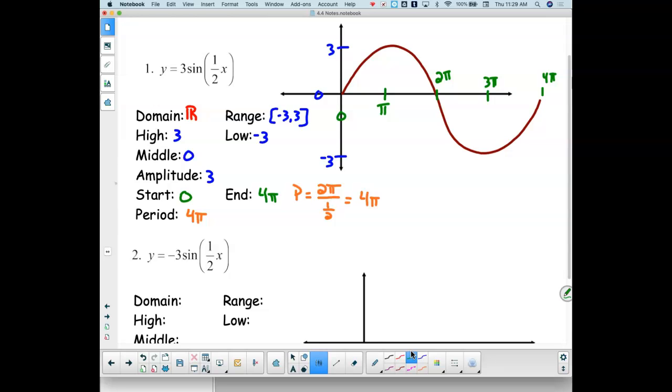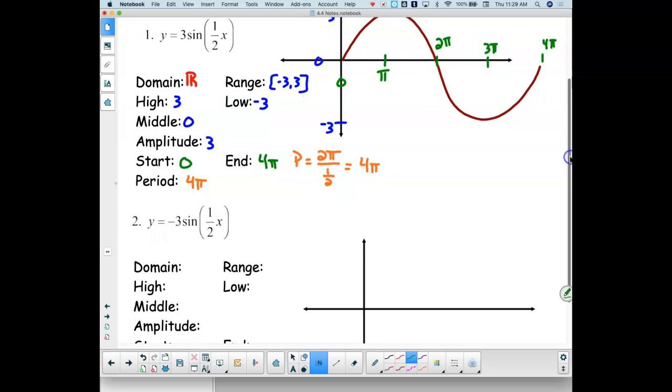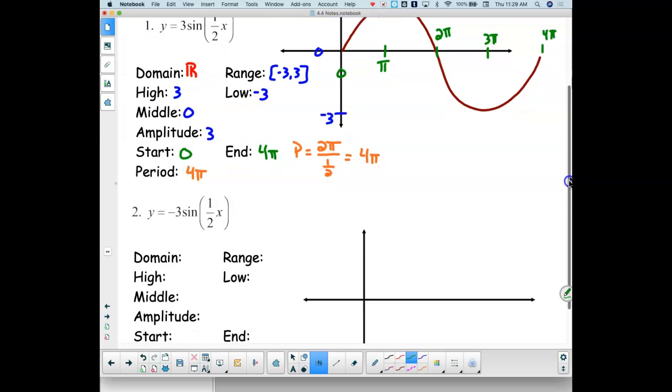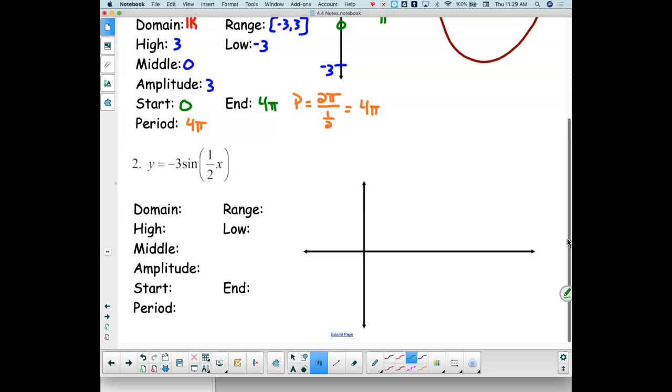Anything change on the bottom one in terms of domain, range, high, low, middle, amplitude, start, end, period? Anything change at all? The only thing that changes down here is that instead of going up, we go down.